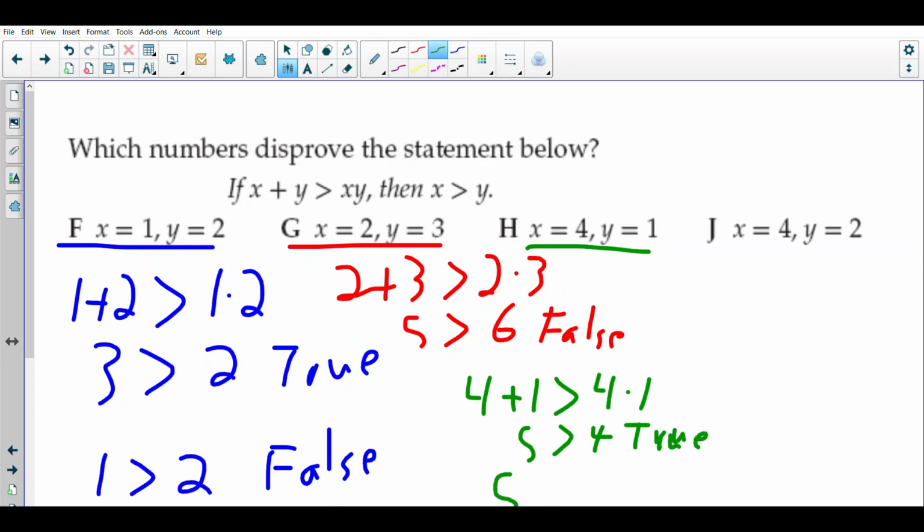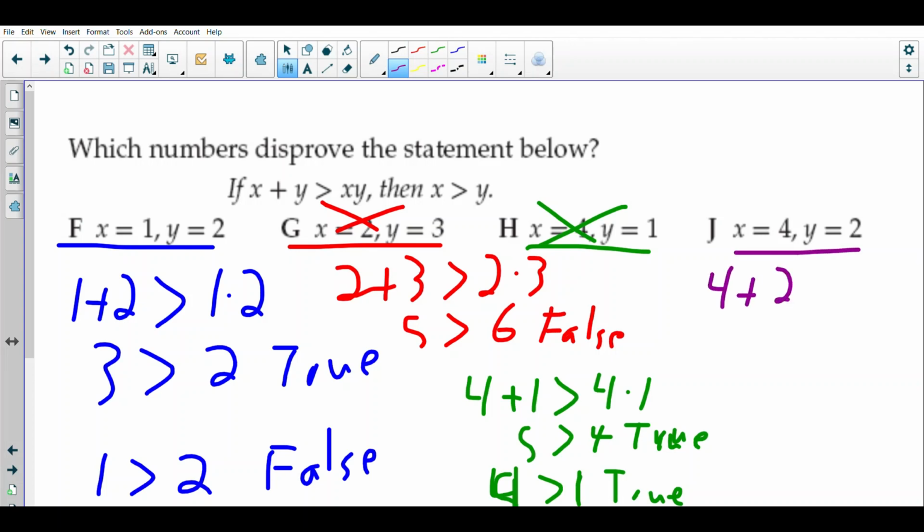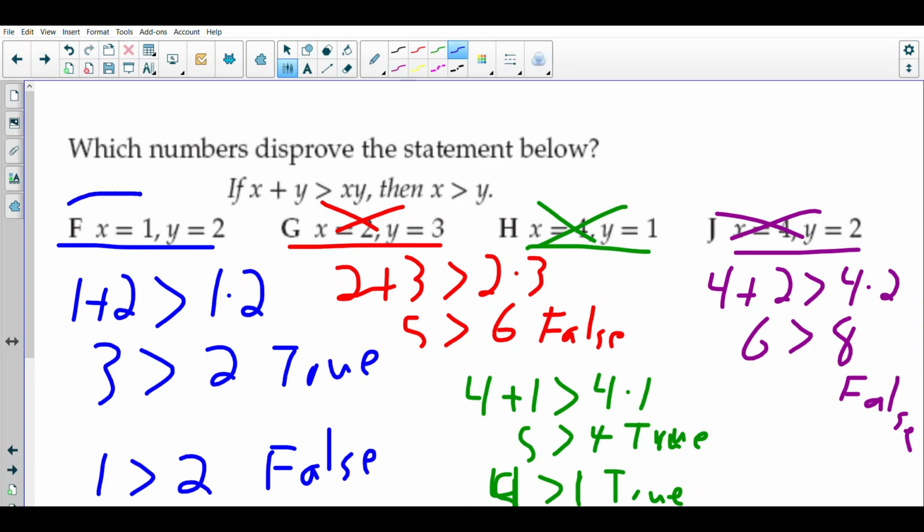But 4 is also greater than 1. But that's true, we don't want that one. So that one doesn't work. I forgot to cross off the red. And let's double check the last one. So we have 4 plus 2 is greater than 4 times 2. That is 6 is greater than 8. That is false. So that one doesn't work. So our original check was right. So our answer is F.